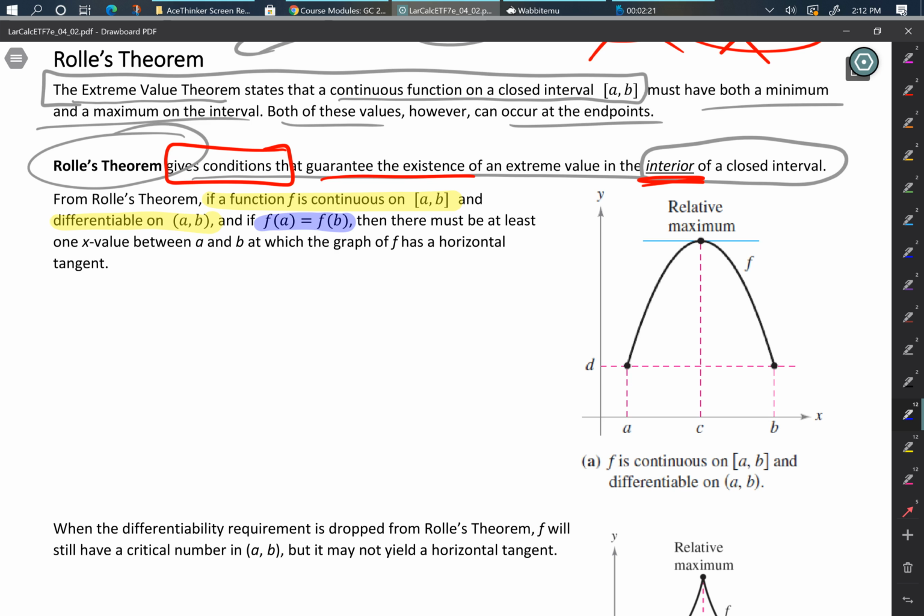So there are three ifs. If it's continuous, and it has a derivative, and the starting y value and the ending y value, f of a and f of b, are the same, then there has to be at least one x value somewhere between a and b at which the graph has a horizontal tangent.